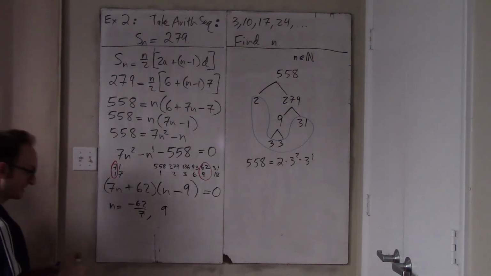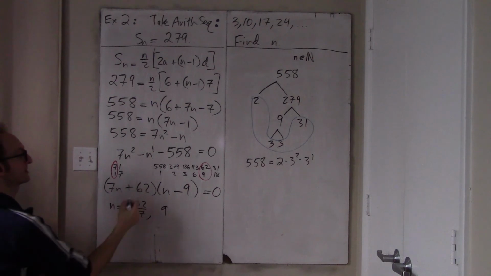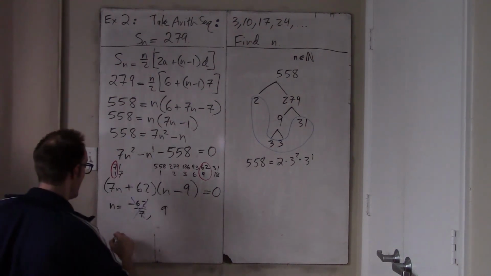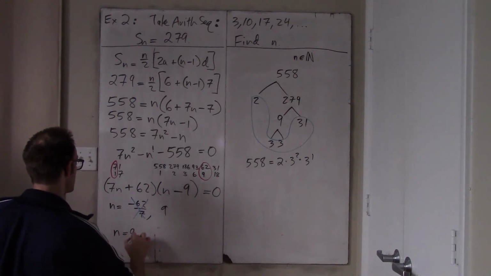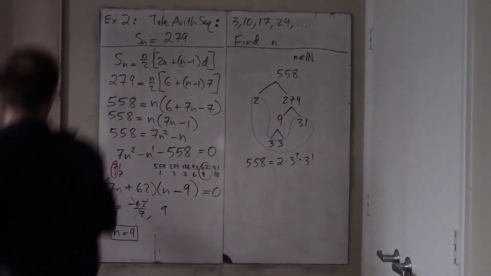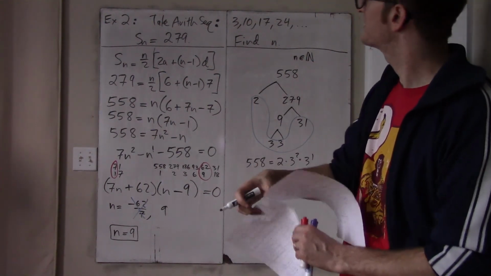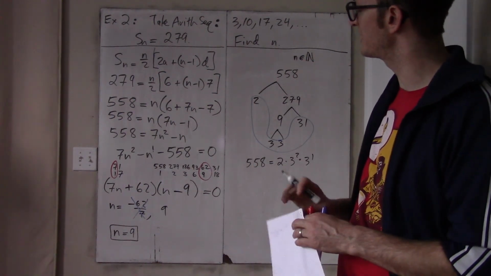Of course, in the context of this problem, the negative one is garbage, and therefore the answer to this problem is that n equals 9. 9 terms are required to get a sum of 279.